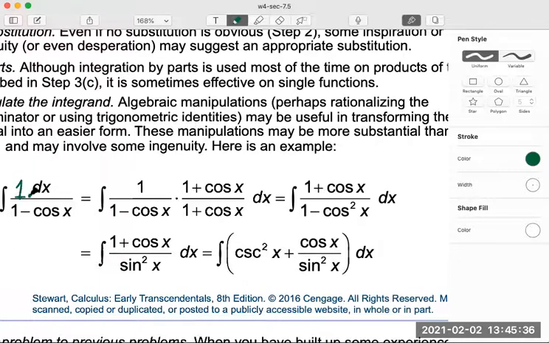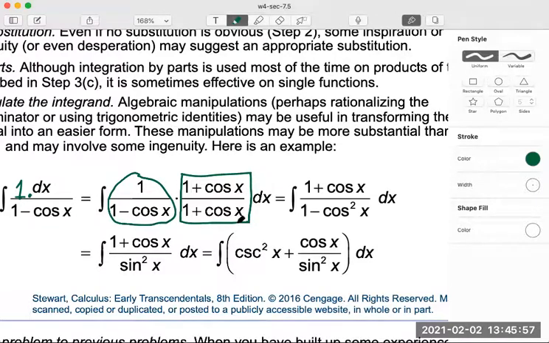So imagine there's a number 1 here. The integrand multiplied by 1 is the same. In other words, we multiply by this fraction, 1 plus cosine over 1 plus cosine. Nothing has changed, it's the same as multiplying by 1.